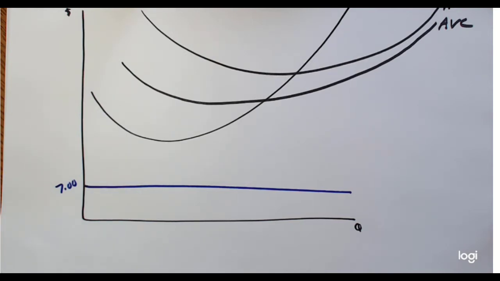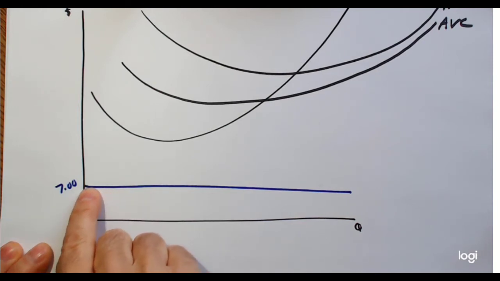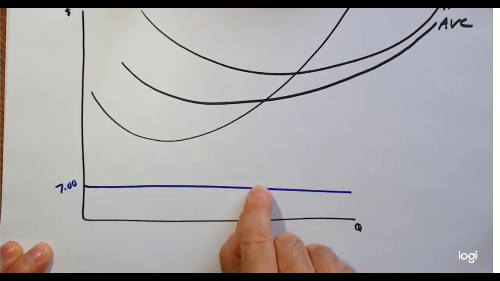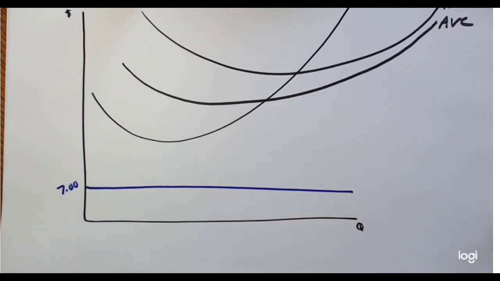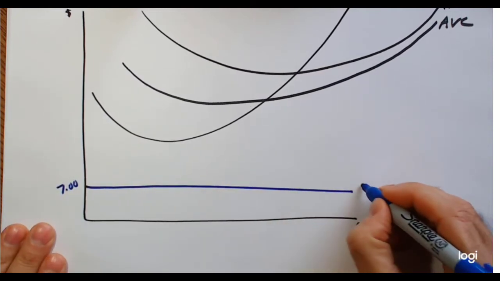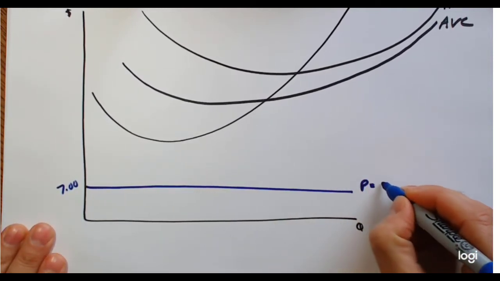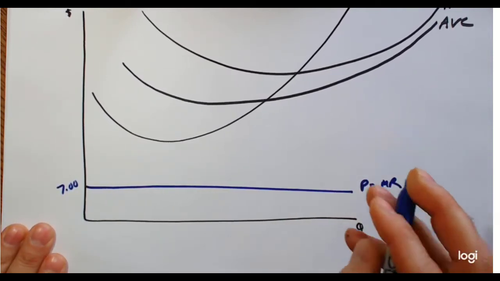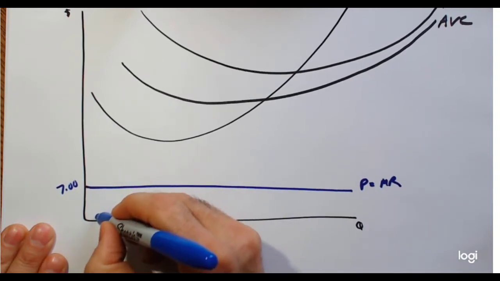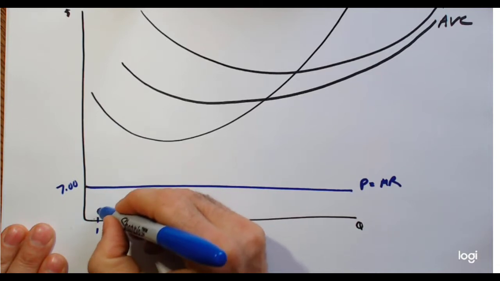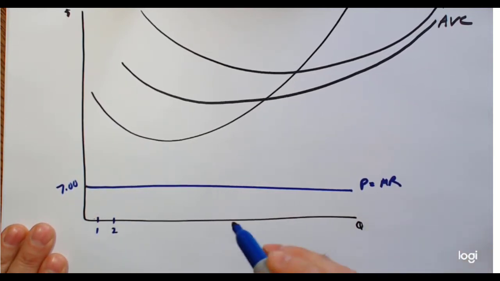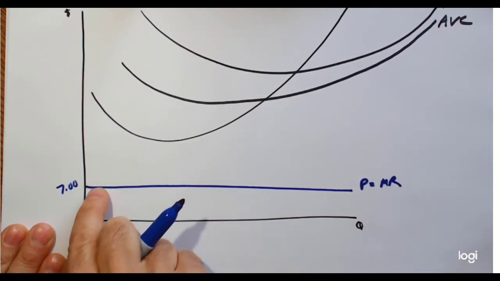And so at $7, if this was the market price, we show the price curve here, which is marginal revenue, by the way. And so that's an important point. The price is $7. P is $7. The marginal revenue is also $7 because every unit you sell, so if you have one unit and you sell 2 units, your marginal revenue is $7 because, look, the price stays fixed.